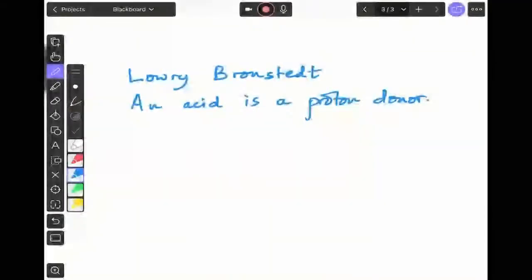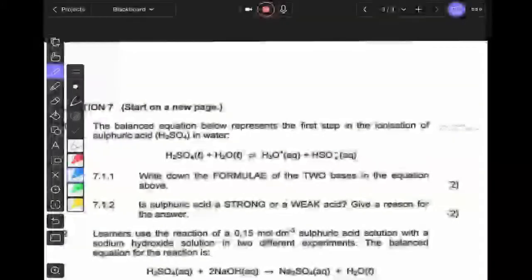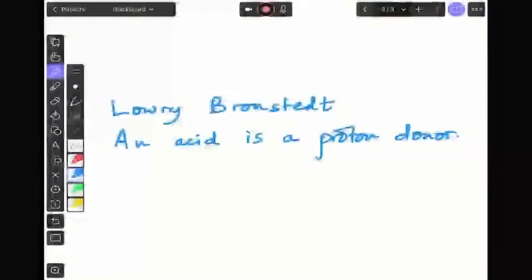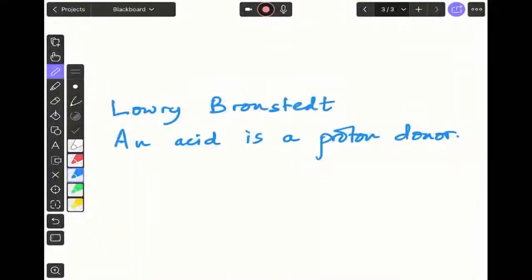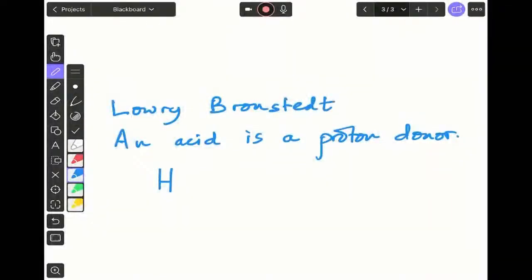Right, so as I said before, we're looking at the ionization of an acid, and we said that our Lowry-Bronsted definition is that an acid is a proton donor. So what do we mean by a proton? Hydrogen is atomic number 1, and on the periodic table, you'll notice atomic number 1 means 1 proton.